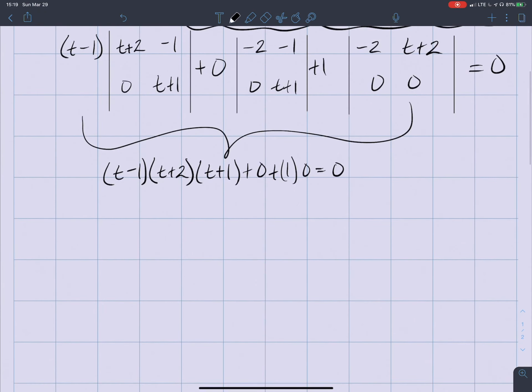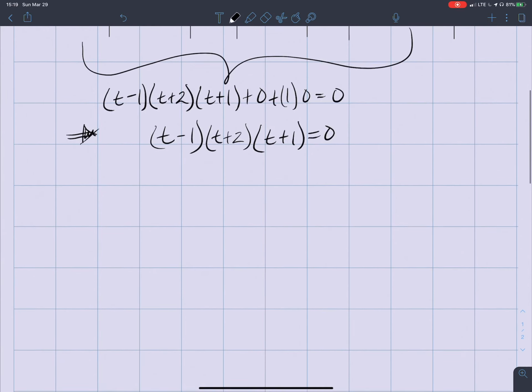Solving like this, we can break this down further. This implies t minus 1, t plus 2, t plus 1 are equal to 0.